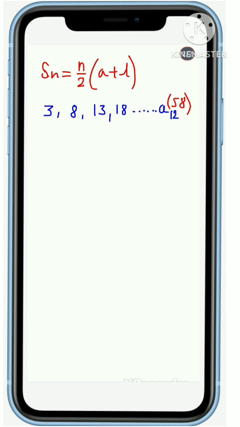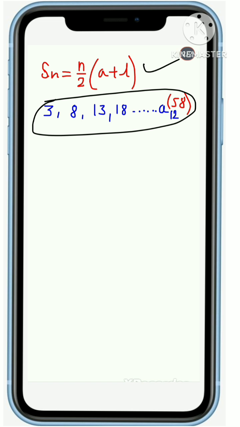Now by using this formula, we can easily find the sum of this AP. So Sn equal to, okay, here n is the number of terms, that is 12. 12 by 2 into A is 3 plus L, that is the last term, 58.